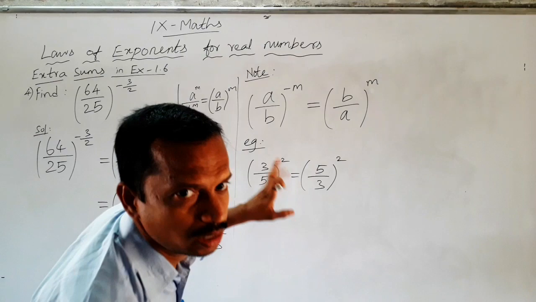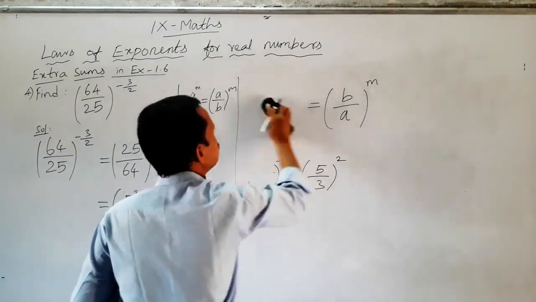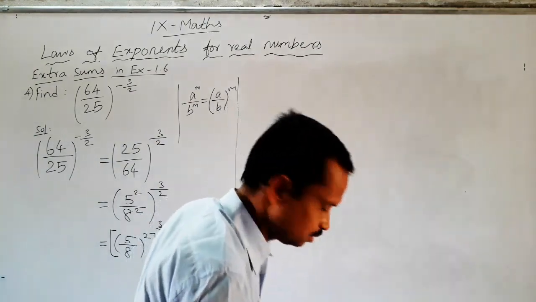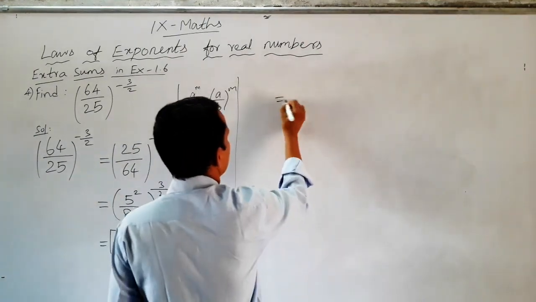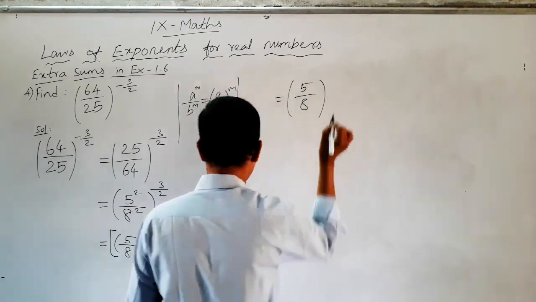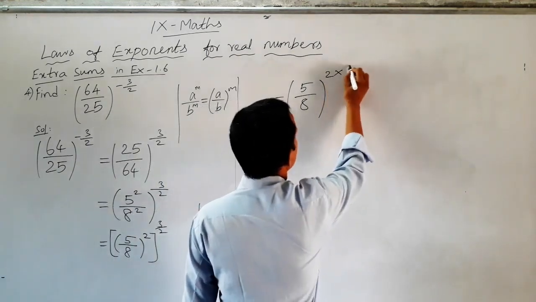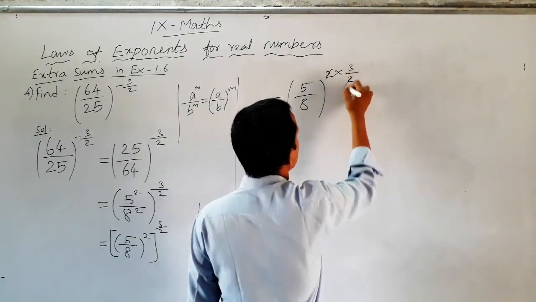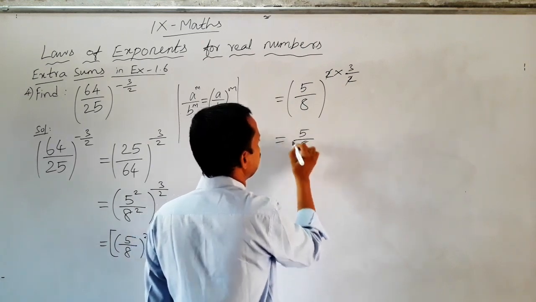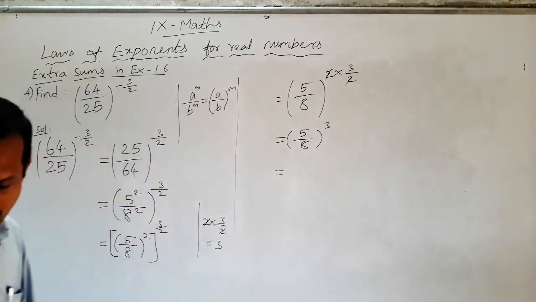Now the next step: 5 by 8 whole cube you will get. Am I right? Or you can write 2 into 3 by 2, the 2 gets cancelled, and then 5 by 8 whole cube.